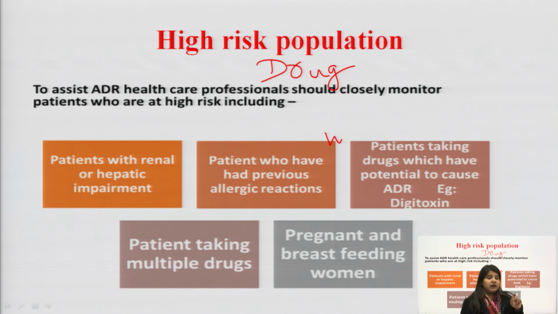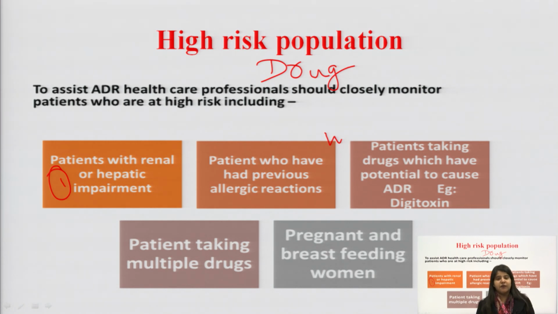Obviously, taking a medication in today's time has become so normal that each and every one of us is at risk of getting an ADR. But again, we are talking about the high risk. Who are the people who are at a higher risk of getting ADR? So the first one is patients with renal or hepatic impairment.